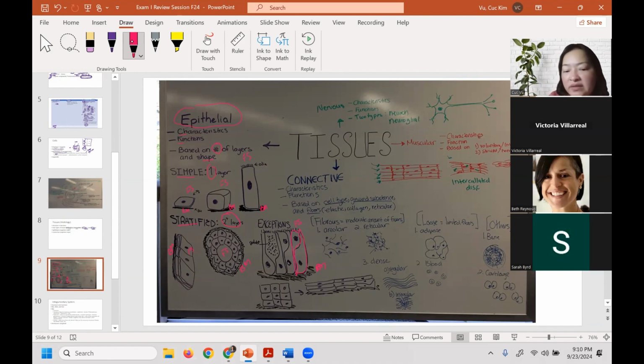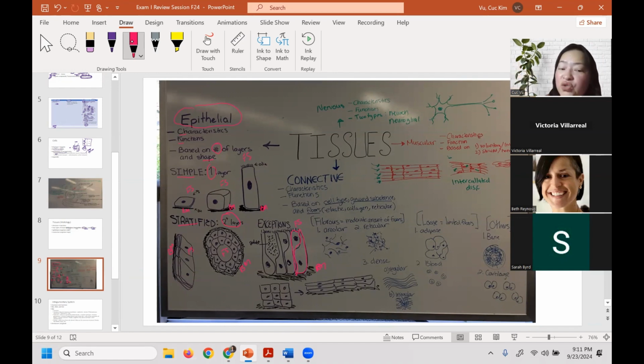This one right here is a tube. Let's say that this is a kidney tube. From the basement membrane to the free surface, how many layers do you see? 1, 2, or 3? 2, that's right.